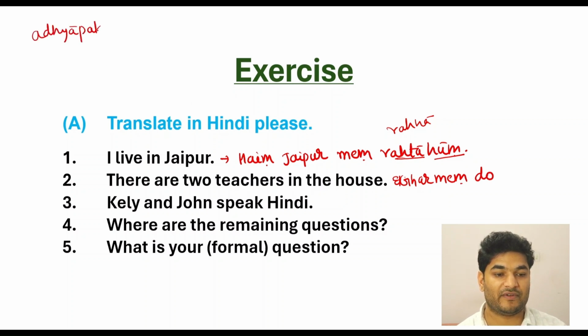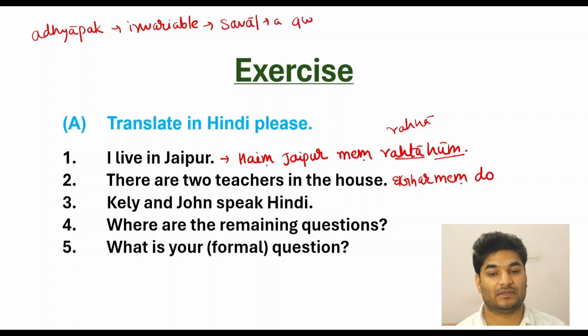Adhyapak is also an invariable noun, which means it does not change its form in plural and singular, similar to sawal, a question. And this translation is also similar to the sentence I gave. Paper में 3 सवाल हैं. There are 3 questions in the paper. Similarly, there are 2 teachers in the house. घर में 2 अध्यापक हैं.